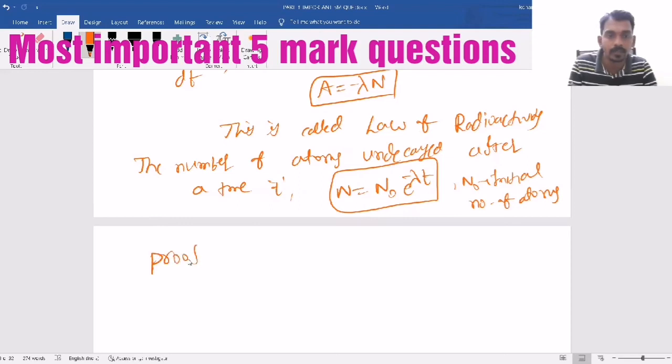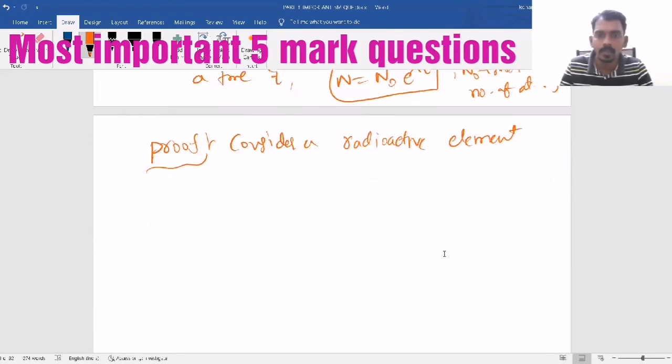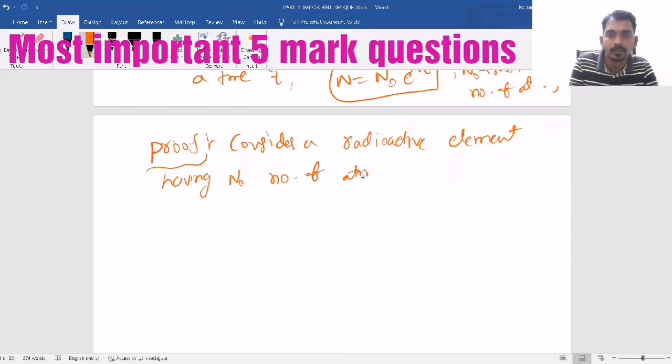Now, to prove this, let's consider this way. Consider one radioactive element having N naught number of atoms at t equal to 0.